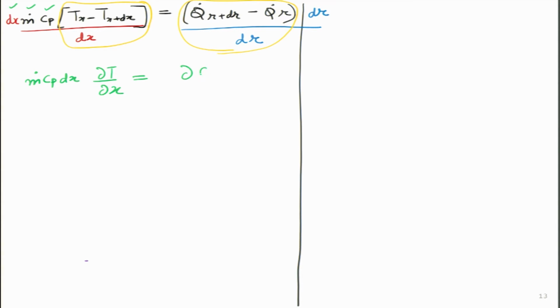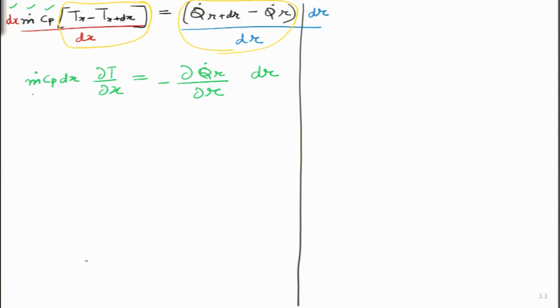So, we get del q dot r by del r, and this is a dr over here. Okay. I think there should be a minus sign over here, so we will put a minus sign because I am taking a differential from the small to the big quantity.